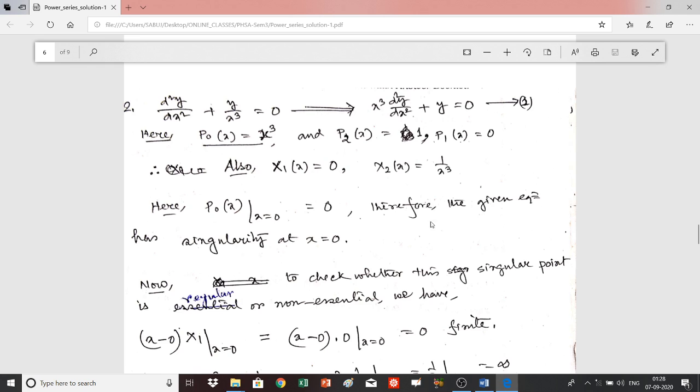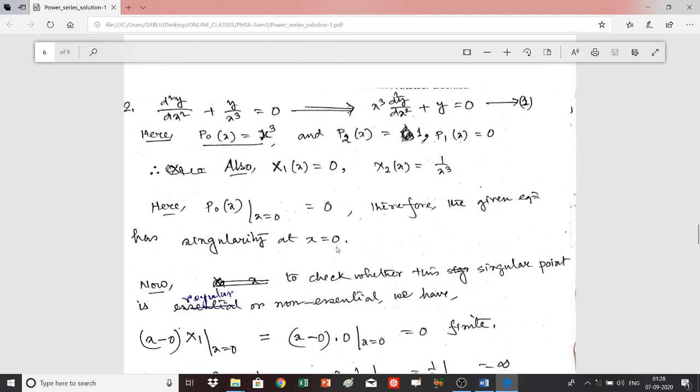If it was not 0, and it had some finite values, then at x equal to 0 we would have an ordinary point, but in this case we find a singular point at x equal to 0.